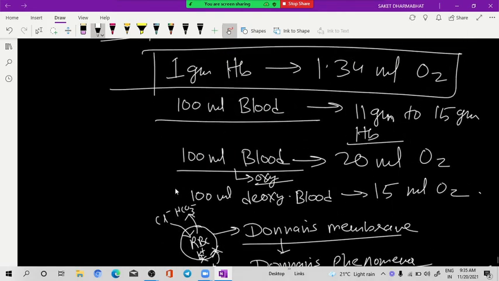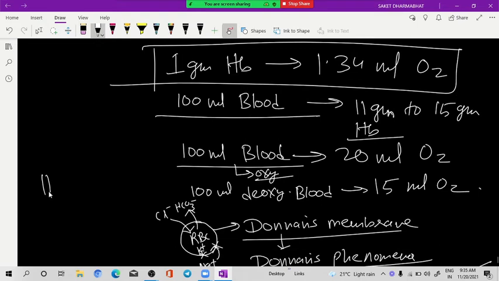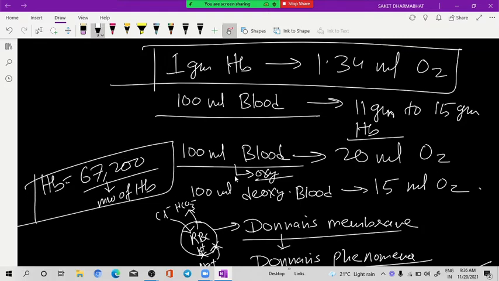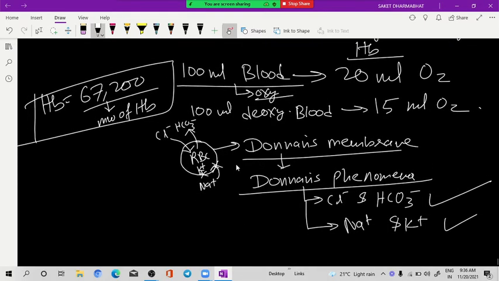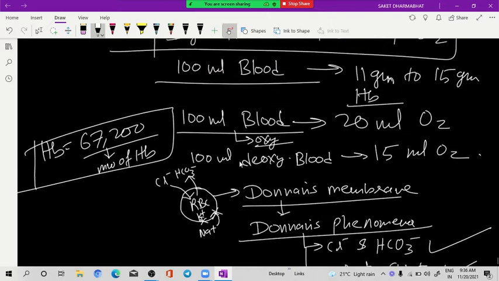What is the molecular weight of hemoglobin? 67,200 is the molecular weight of hemoglobin. Keep in mind. Okay, can I scroll up?